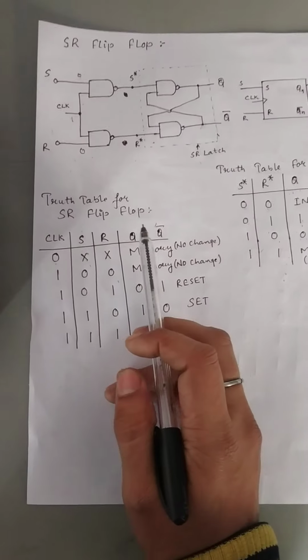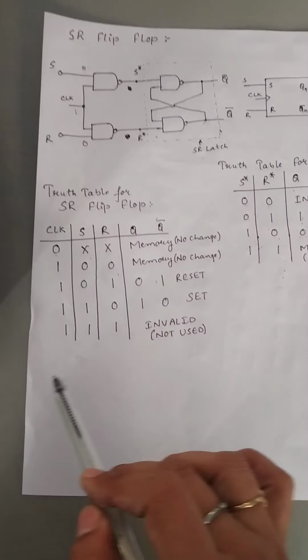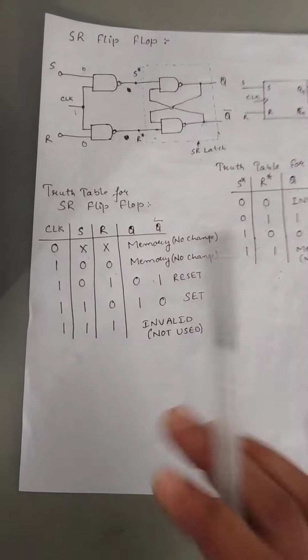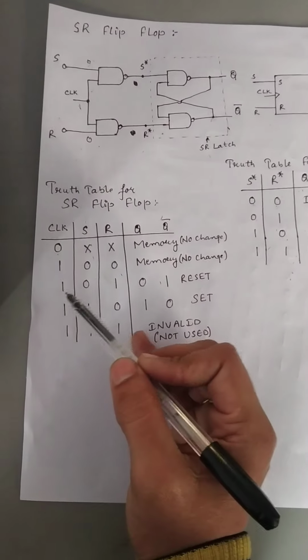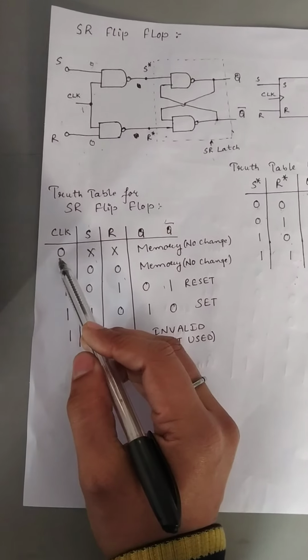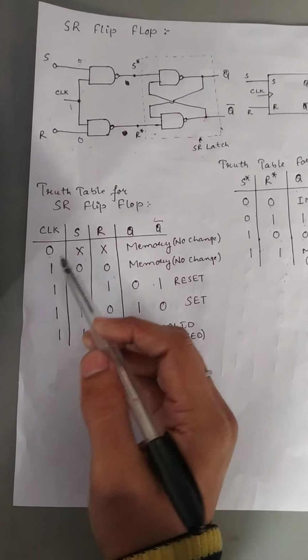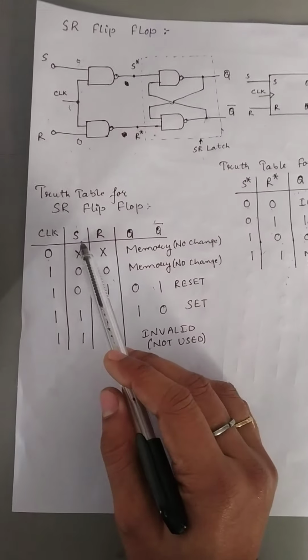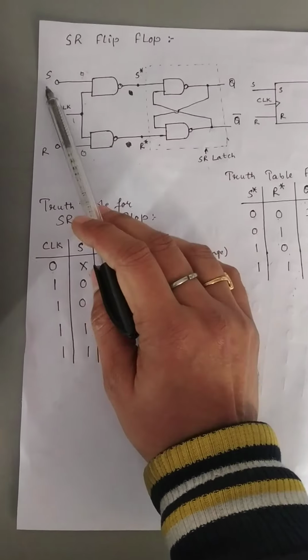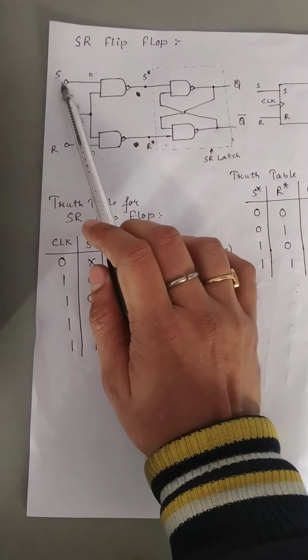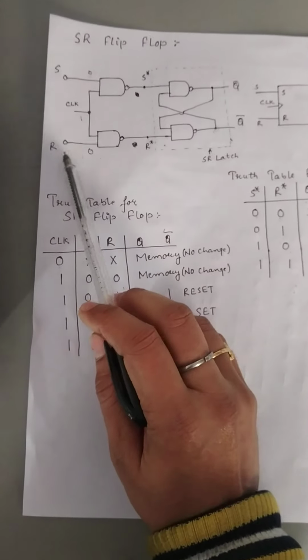Now this is the truth table of the SR flip-flop. In the SR flip-flop we are using a clock. First, when the clock is 0, whatever the value of S or R, either 0 or 1, doesn't matter.